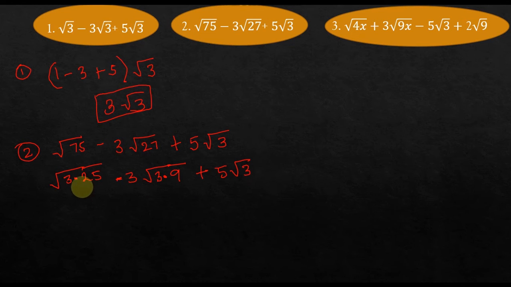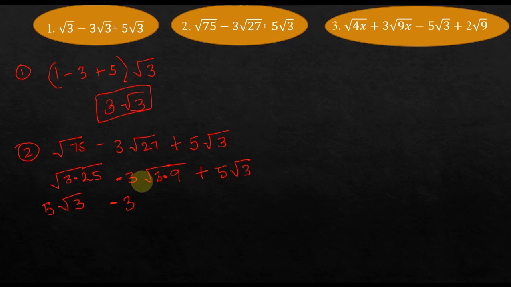Next, we need to simplify these 2 radicals. Since there is a perfect square number here, which is 25, square root of 25 will give us 5, so I can put that outside this radical sign. 5 square root of 3 minus, we have here a 3, and then inside the radical, we have here 9, square root of 9 is 3.